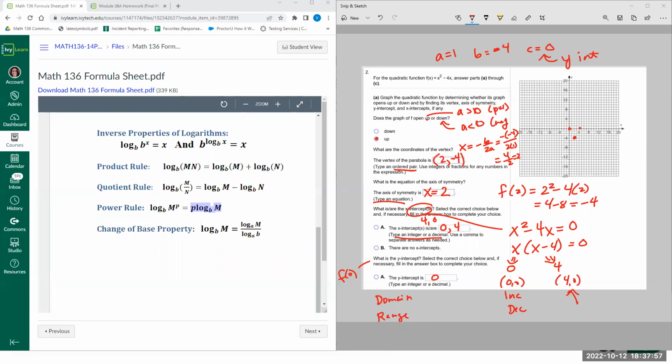So next I'm going to look at this question that has the log graphing and the graph of the log versus the exponent.